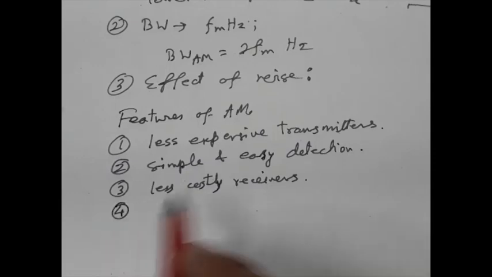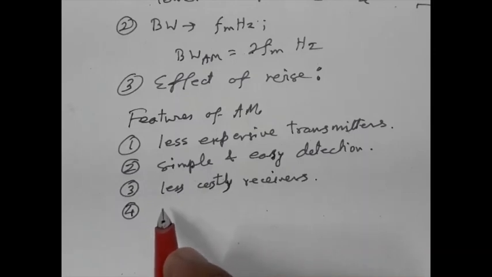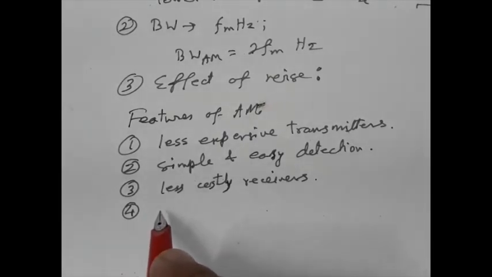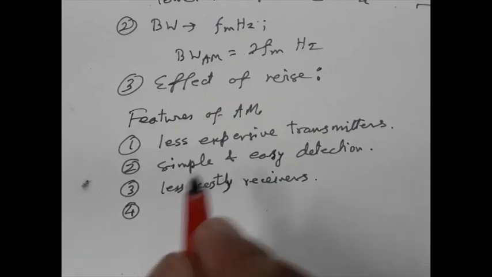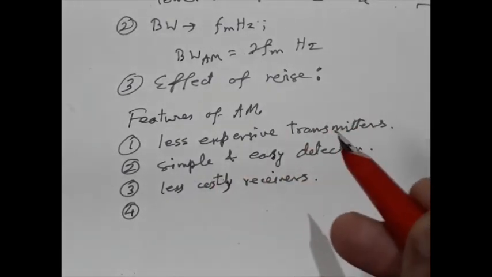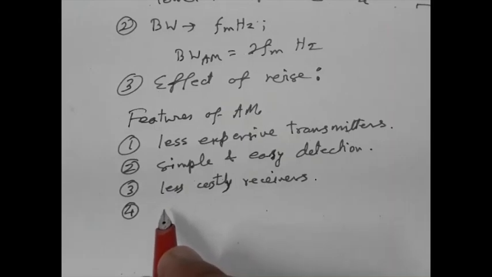Fourth point, though it is not exactly a feature of AM, but for the AM broadcasting system, the frequency region that has been chosen is of the order of more than 300 kilohertz and less than 1.6 megahertz. So that particular wave travels a longer distance.